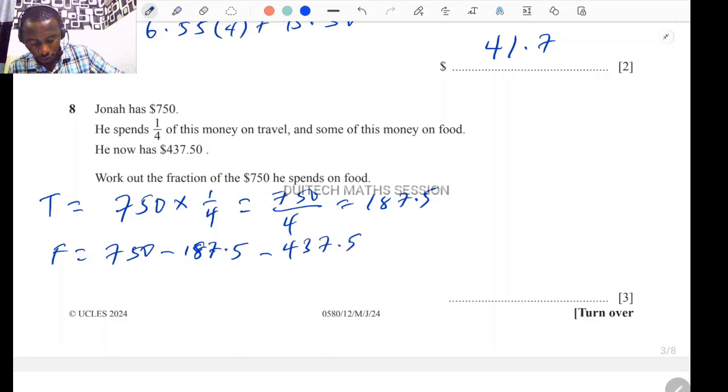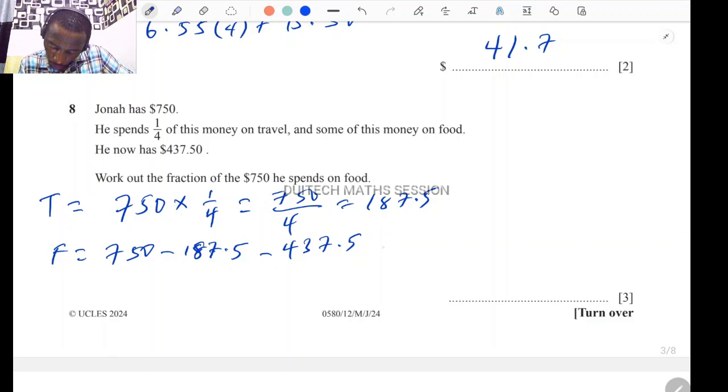So subtract all these things. So you have 750 minus 187.5 equal to this, then minus 437.5. So that will give you 125.